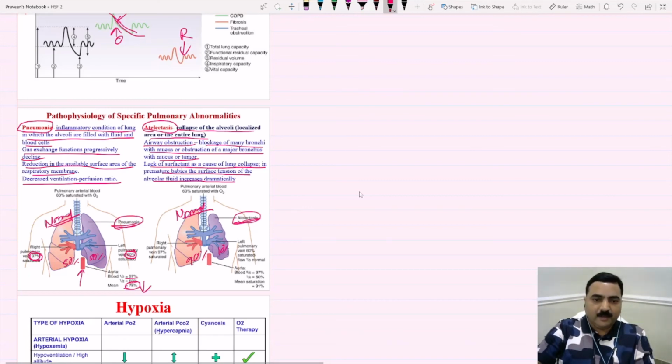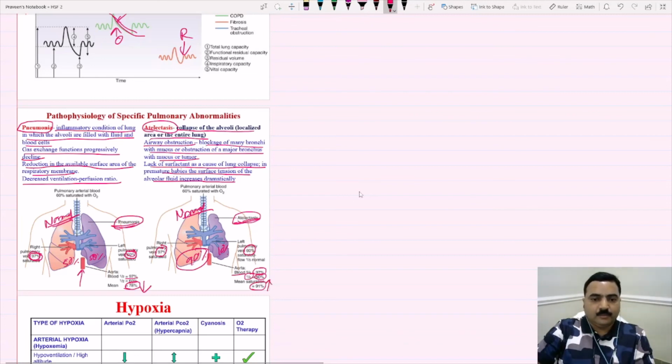So even though the air that comes here is less and only 60% can be exchanged, the normal lung has the majority of the blood going. So almost 5/6 of the blood is getting good saturation, and only 1/6 of the blood is partially saturated. So overall, the oxygen saturation of the hemoglobin, the oxygen content in the blood, will be good.